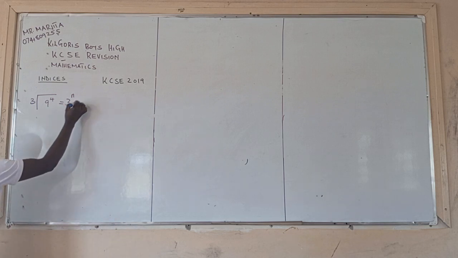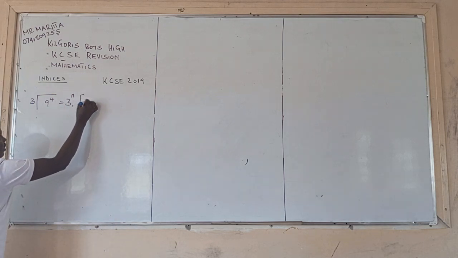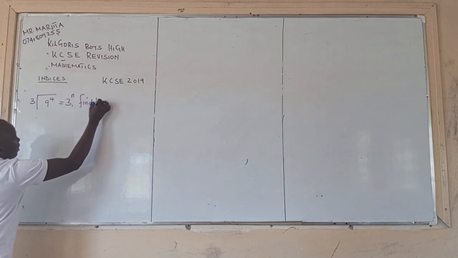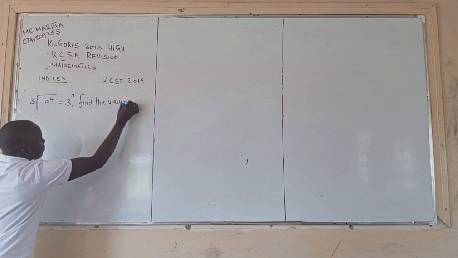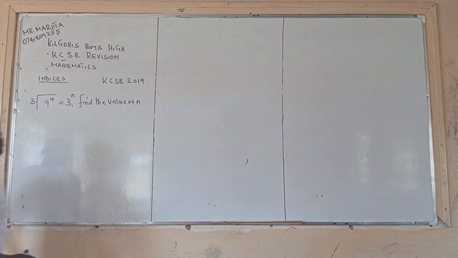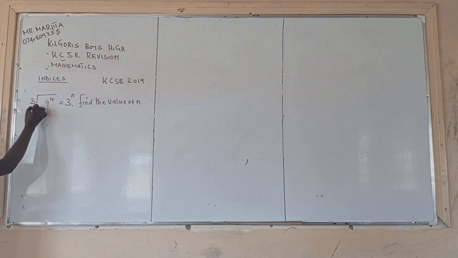We are supposed to find the value of n. How do you find the value of n here?